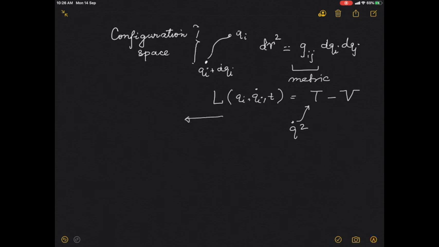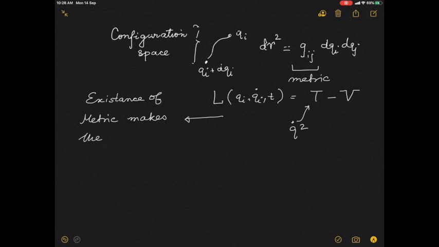On the other hand, this means that the existence of metrics makes the configuration space a metric space. So I can ask the question, what is the distance between any 2 points?